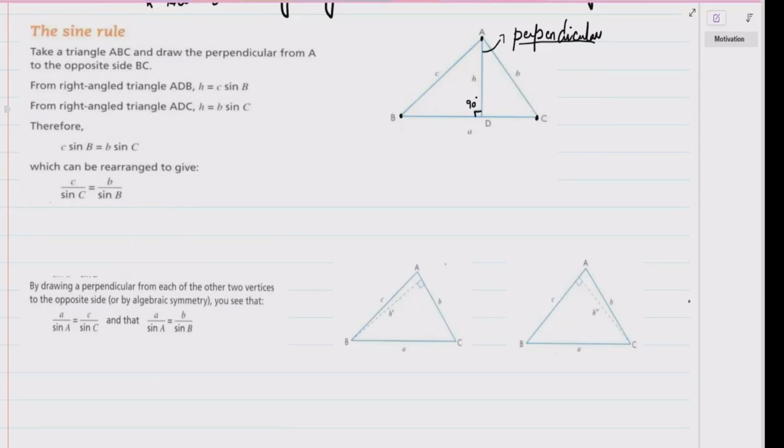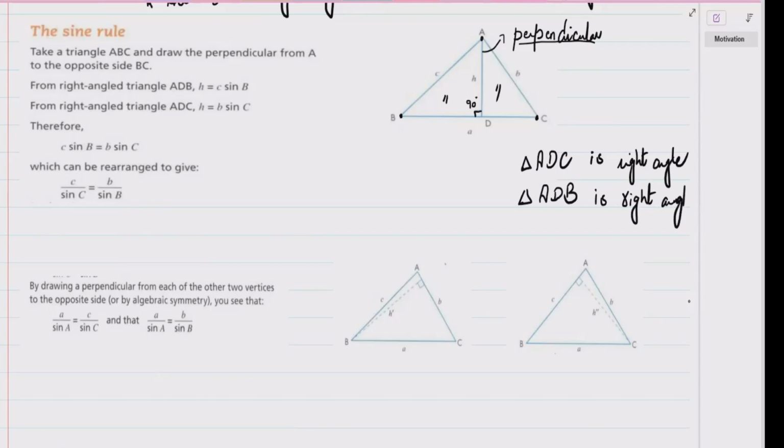Now we have two right angle triangles because of this perpendicular. Triangle ADC is right angled, and likewise triangle ADB is also right angled because of this perpendicular line.